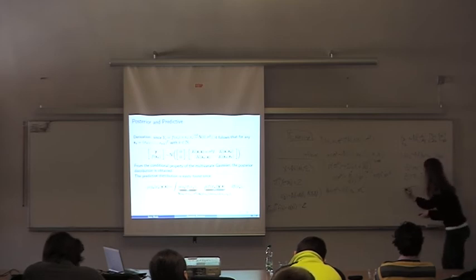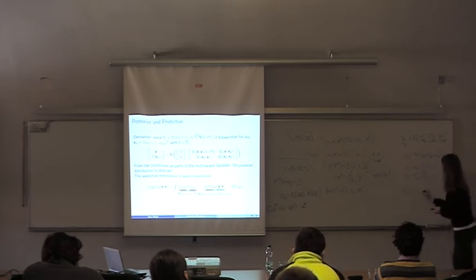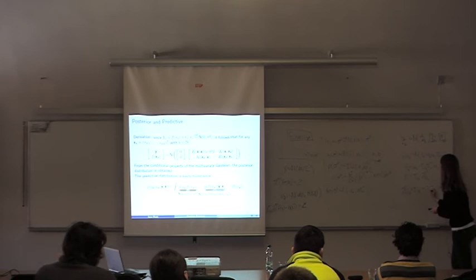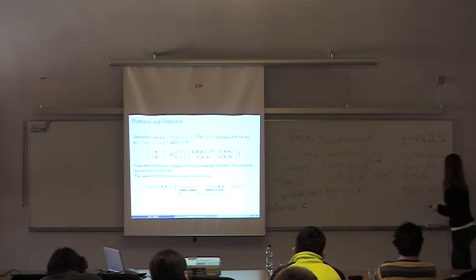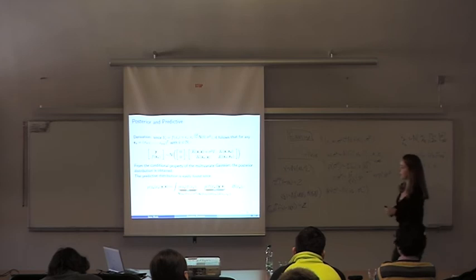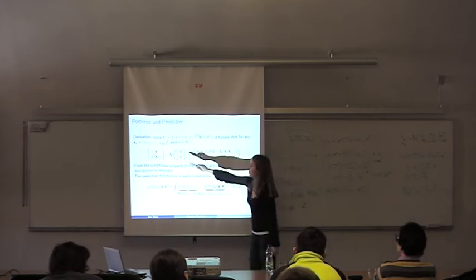And the covariance matrix is our previous covariance matrix minus a positive term.